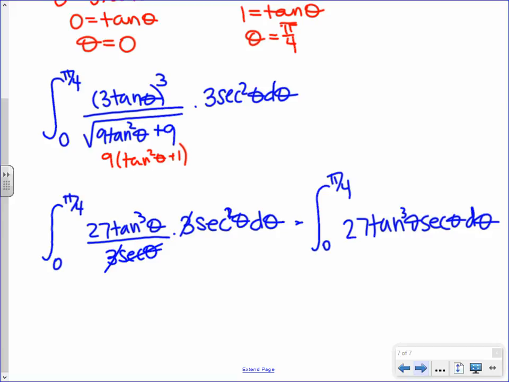Okay, we can't let u equal, well, first of all, we don't have an antiderivative for that. If u is tangent, du is secant squared, so that's not going to work.